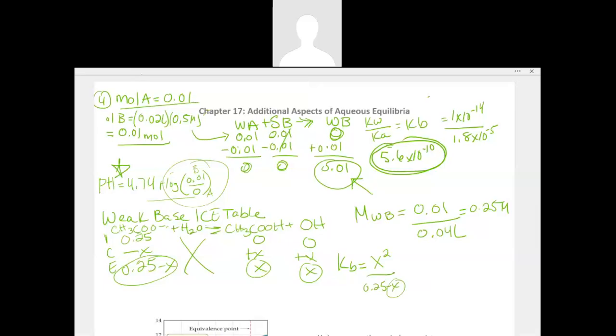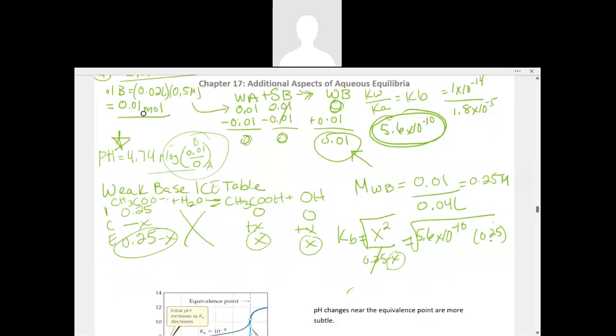Recall that this x is small, it's negligible because our Kb value is very small in this case. We set this equal to 5.6 times 10 to the negative 10. Now we have to rearrange and solve for x. I'm going to multiply by 0.25, and on this side that will cancel out. Then I just need to take the square root on both sides to solve for x.